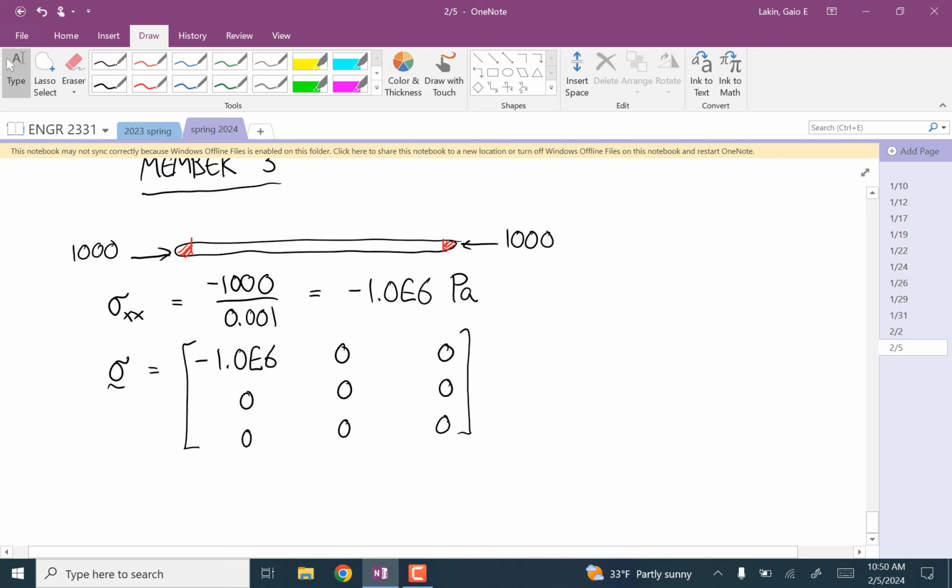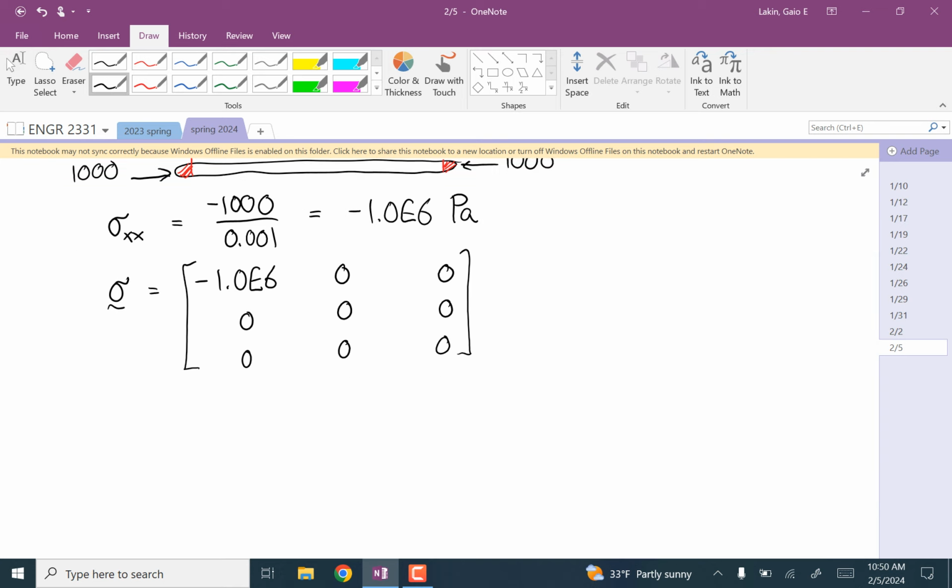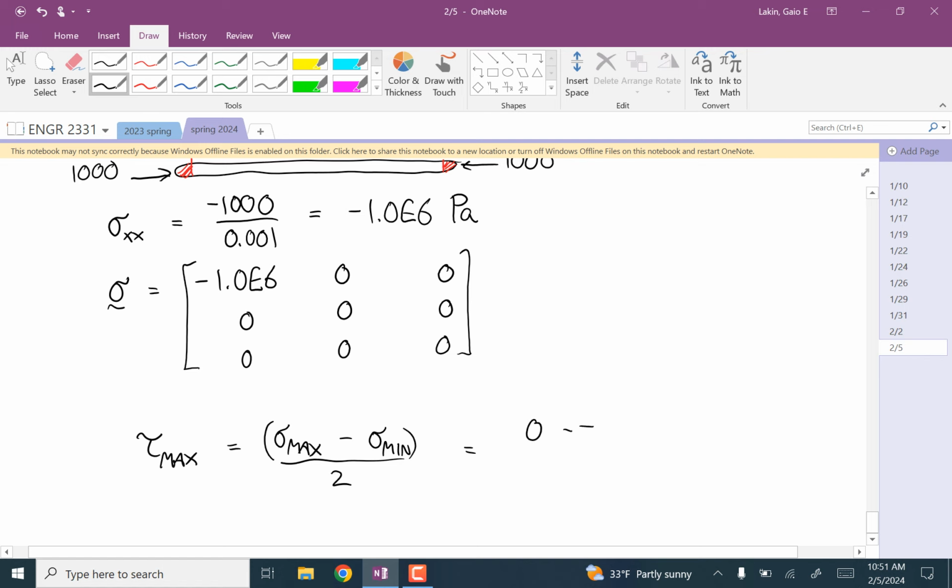Why would it be half of it? Because remember that the formula is the maximum minus the minimum divided by 2. And our maximum in this case is 0. Our minimum is -1 times 10 to the 6.